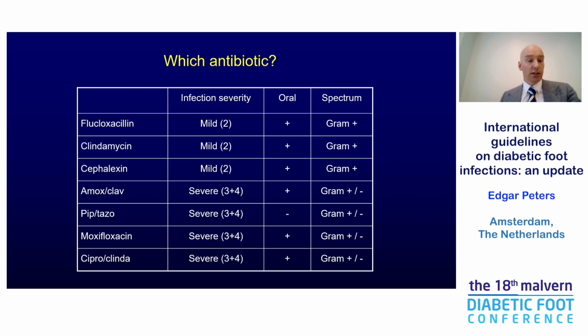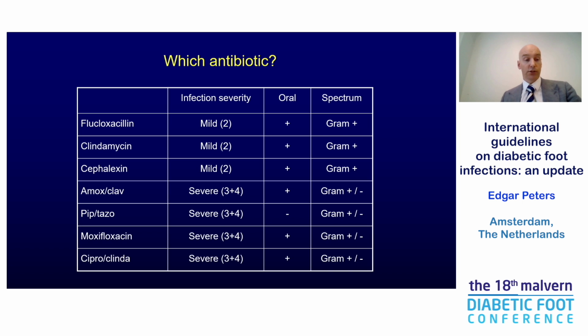You could give amoxicillin and clavulanic acid. That is a therapy that you could give for severe infection. You could give that orally as well. You can have the same problems with oral absorption as with flucloxacillin. You could give piperacillin tazobactam, only IV. That will also cover Pseudomonas, but also anaerobes and some other gram-negative rods.